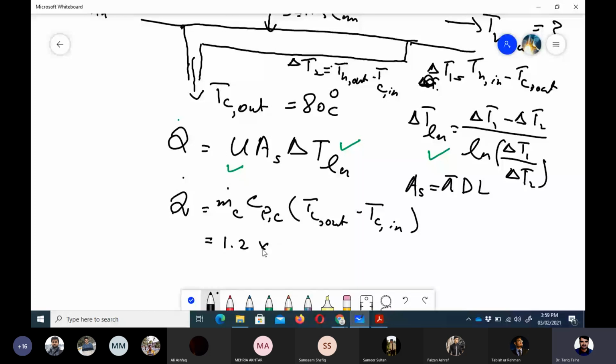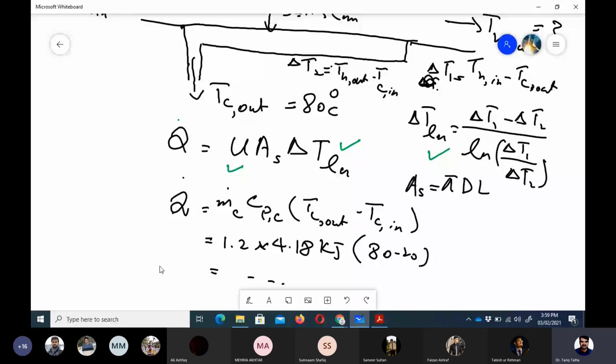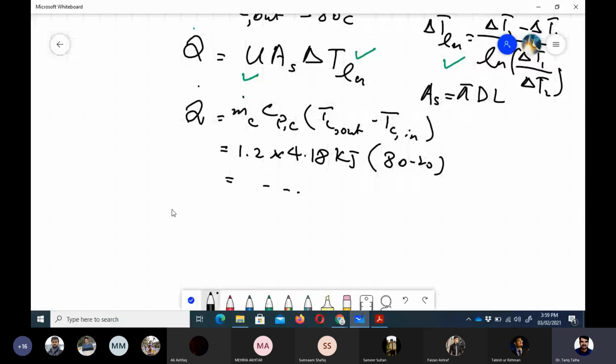We keep it like this, and then we would have the value in kilowatts. So Tc out is 80 minus 20. We would get some value here, and because this is the heat gained by the cold fluid, it would be the same heat released by the hot fluid.